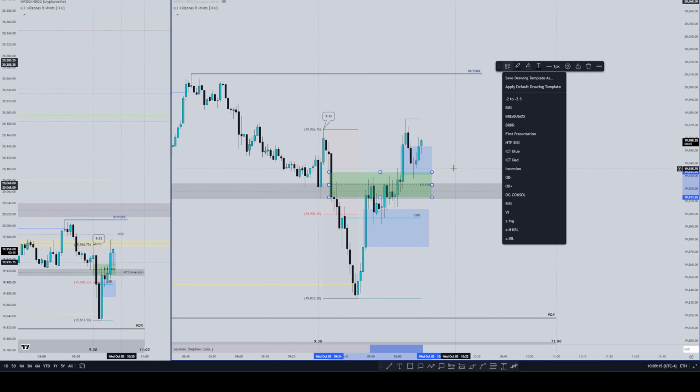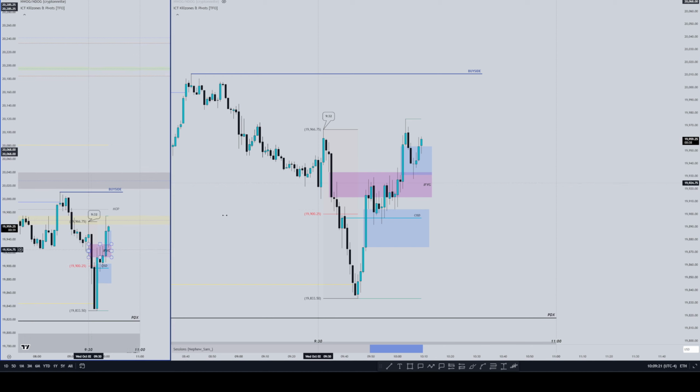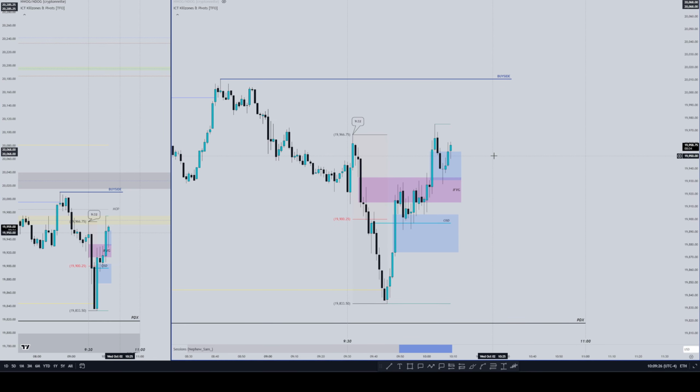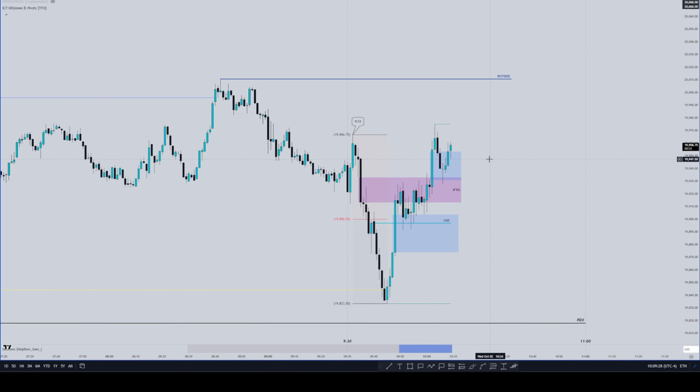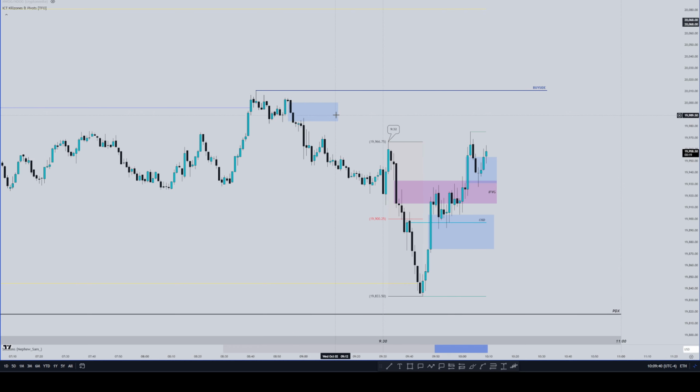We got this. Let me clear this out. And then speed bumps on the way. Do we have any inefficiencies on the left side that could cause resistance? We have this larger gap in here.